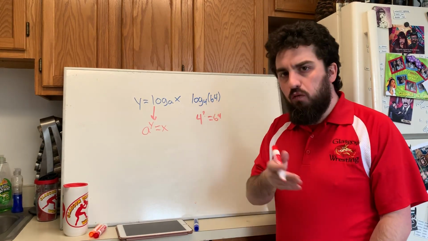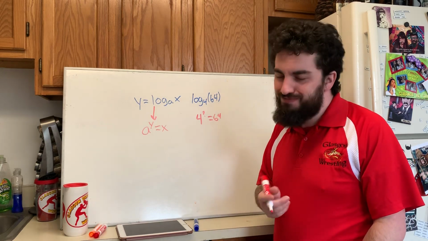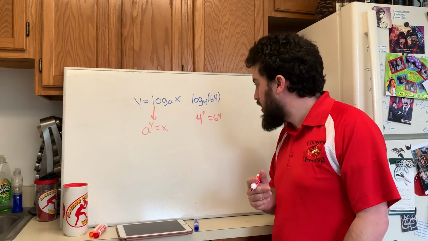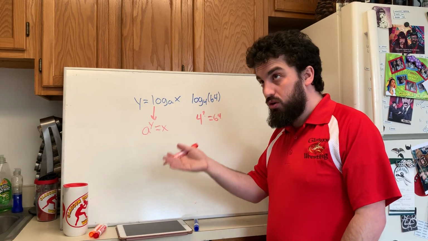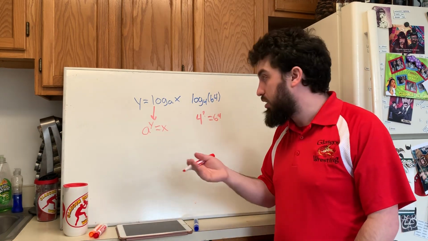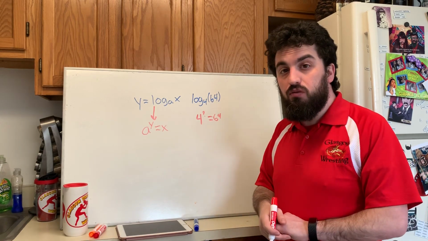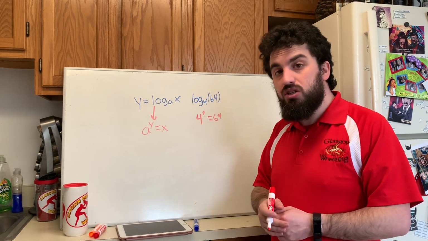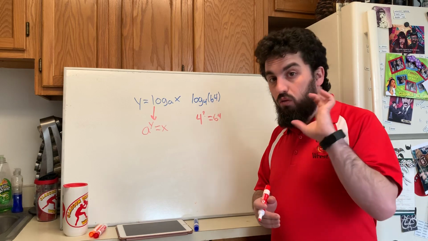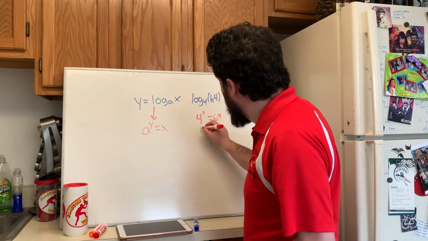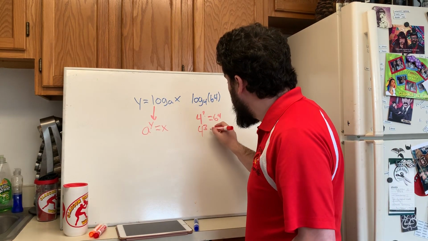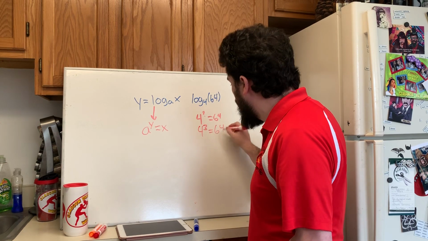Well, I know 4 to the first power is 4. That's no good. 4 squared is 16. I'm getting a little closer, but still off. If I do 16 times 4, that does give me 64. So 4 cubed equals 64.